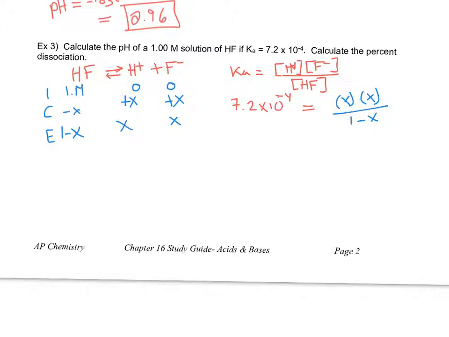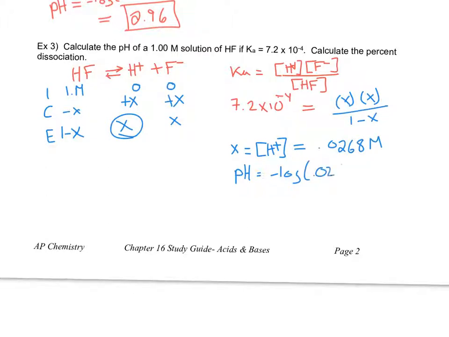If you solve for x in this case, that's my H plus concentration at equilibrium. And when I calculated that, I got 0.0268 molar. So if I want the pH, it's going to be negative log of 0.0268, which is 1.57.